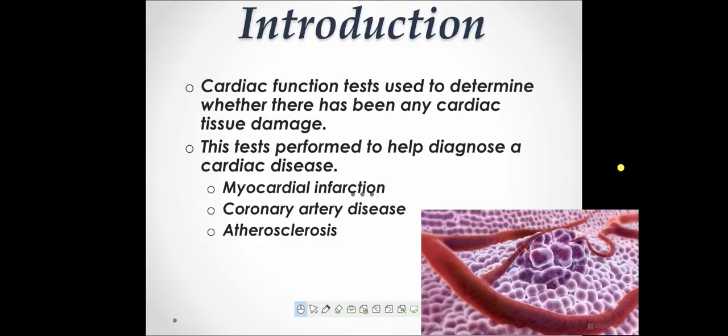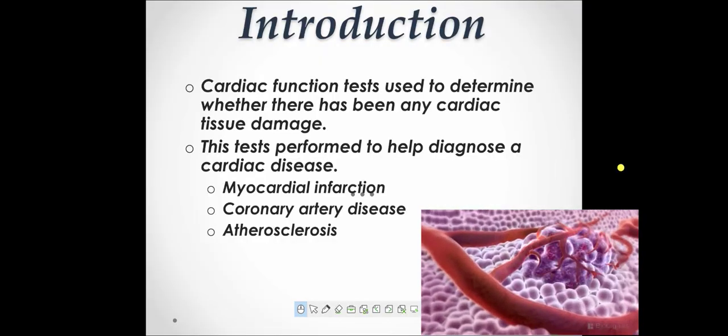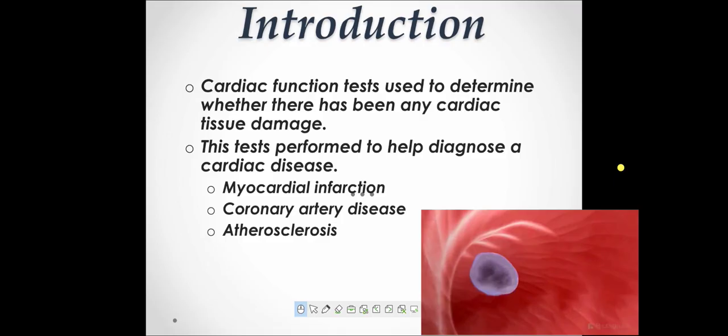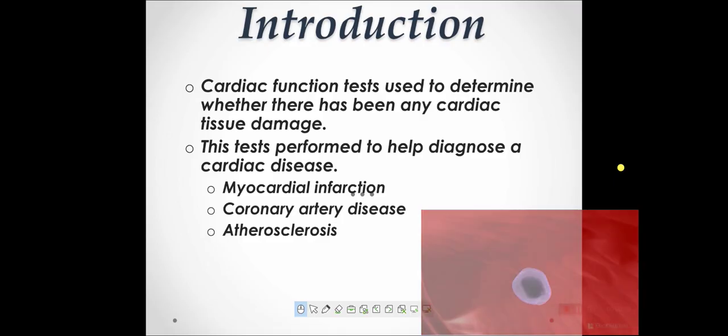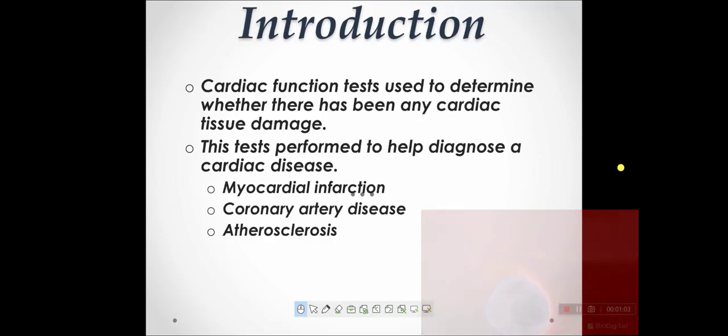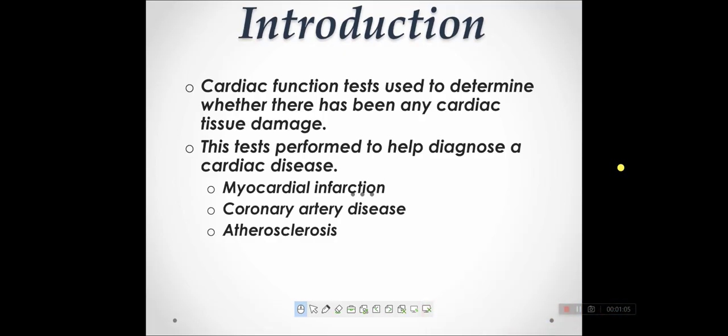So we can say that cardiac function tests are a proper array of tests which are used to determine whether there is any cardiac tissue damage or damage to the heart, and whether your heart is performing all of its functions properly or not. It also measures the levels of cardiac biomarkers in the blood, which include enzymes, hormones, and proteins.